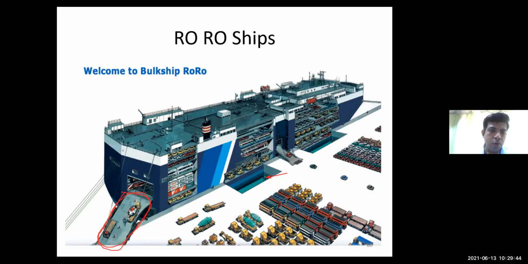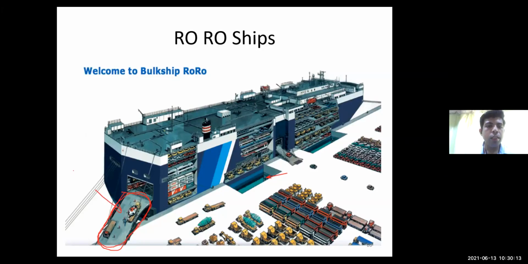Can you see this? One of you can confirm. Hello, am I audible? Yes, we can see. Yes, sir. Okay. So this particular part over which the cars go into the ship and get loaded is called a ramp, R-A-M-P, ramp.